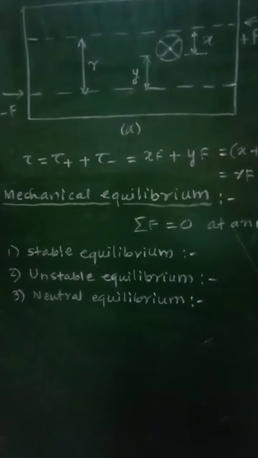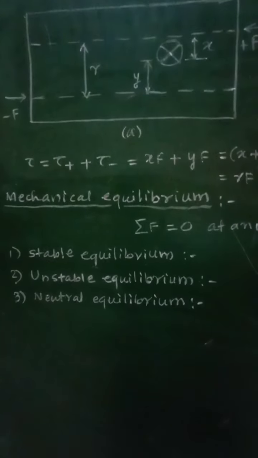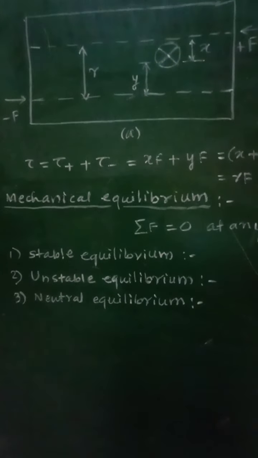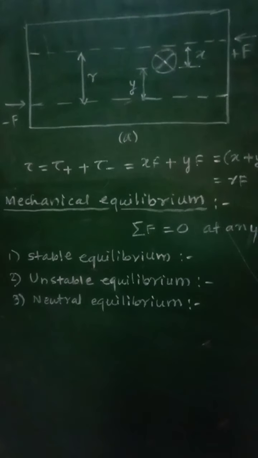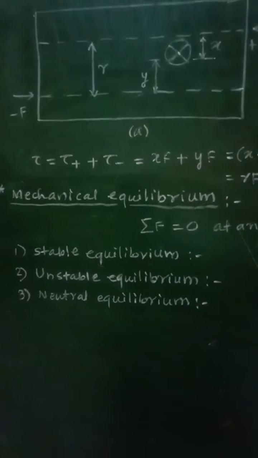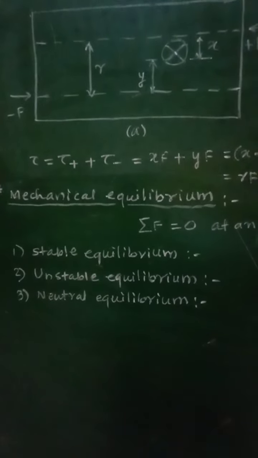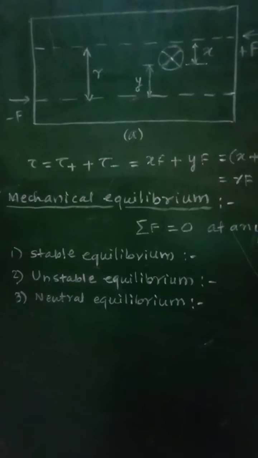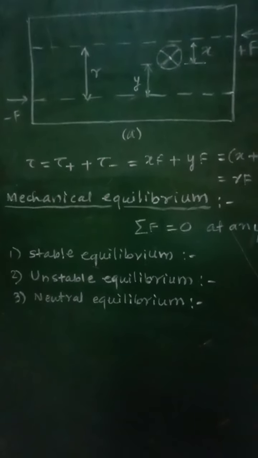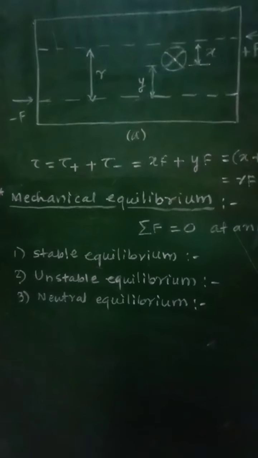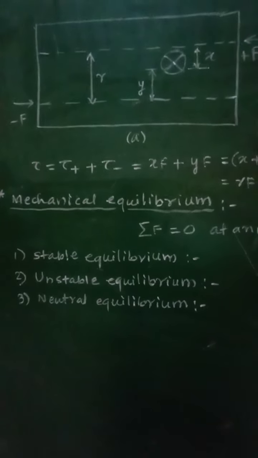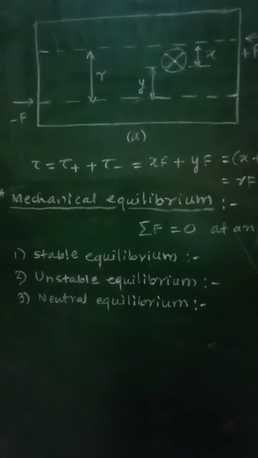That is, for a system in equilibrium, both velocity and linear momentum of all the parts of the system must be constant or 0. So when any system of bodies is in mechanical equilibrium, at that time both velocity and linear momentum of all the parts of the system must be constant or 0.